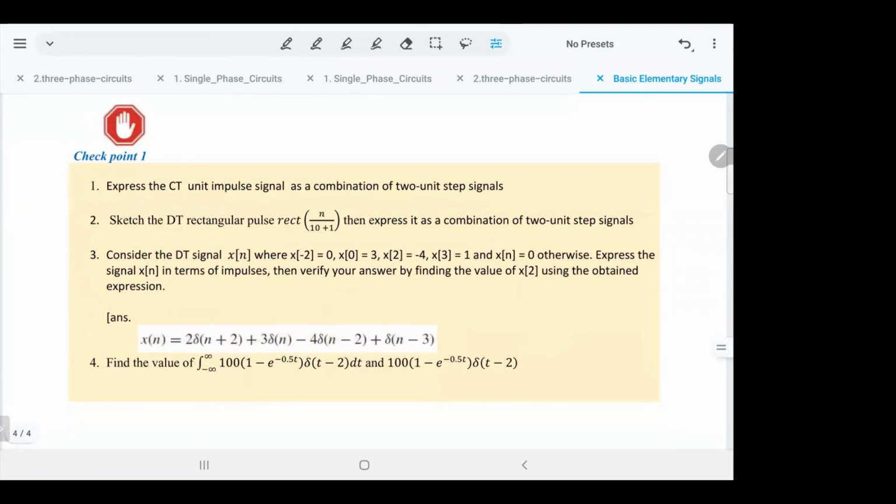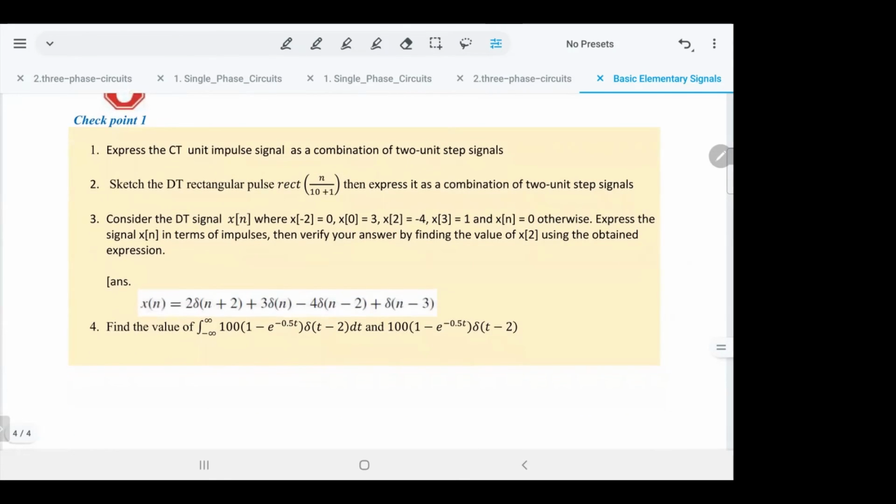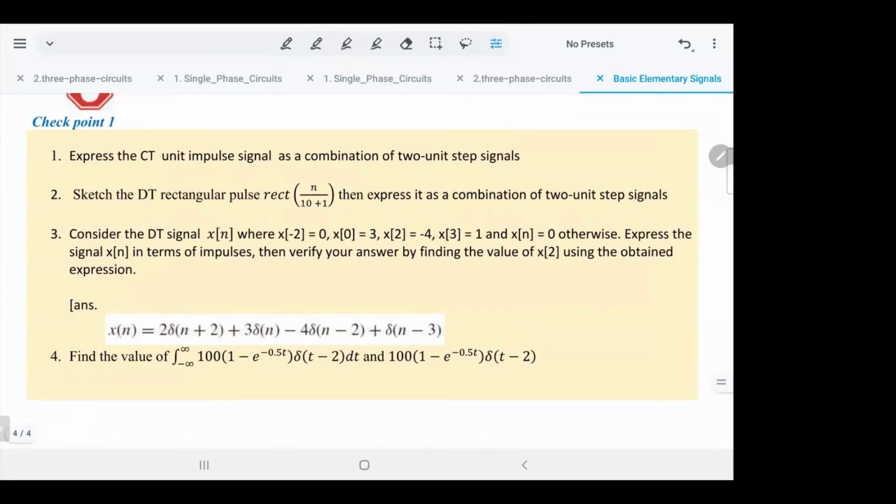So that's all about the basic signals that you're going to use, and you will have exercises on how to express any signal using these basic or elementary signals. I will leave that to you to practice. There are many ways. For example, we have here a question. I will leave you to think about it, and then I will wait for your comment or question.